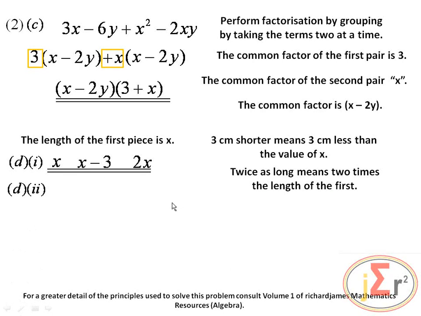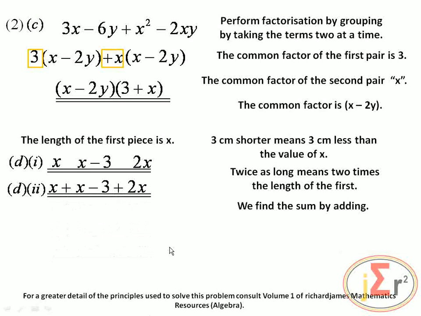We'll have to take note that the total length of the straw is 21 centimeters. We are going to find the sum of all of these, and that will be equal to 21, because 21 centimeters is the length of the entire straw. We will then solve the equation to determine the value of x.